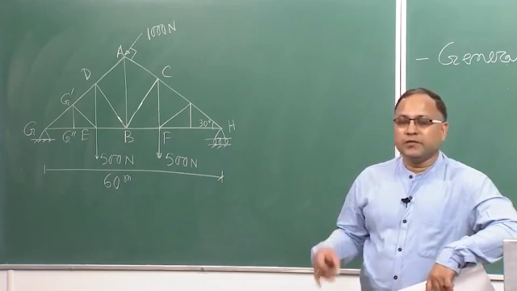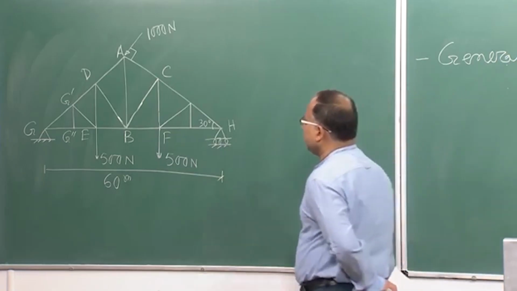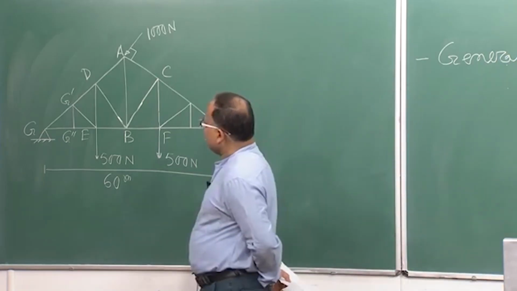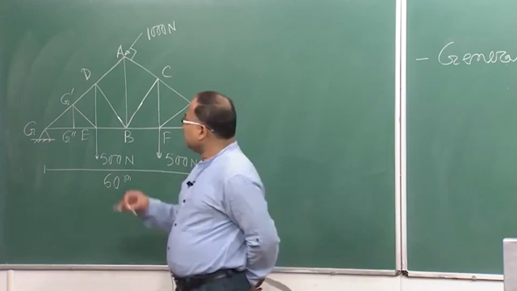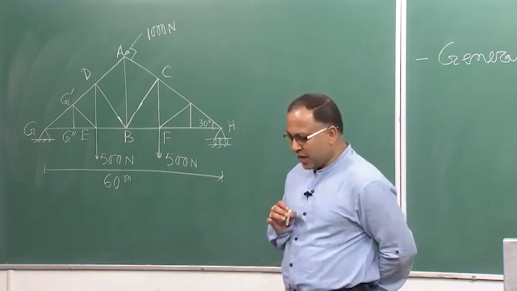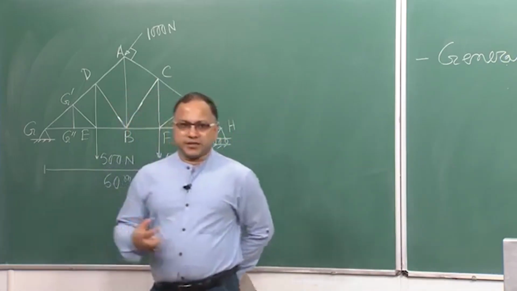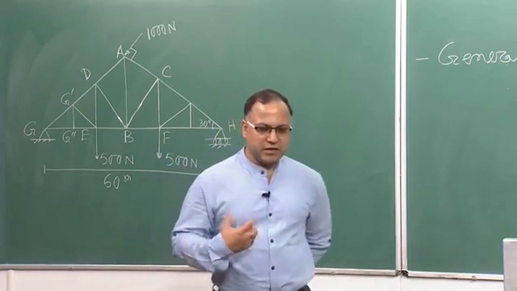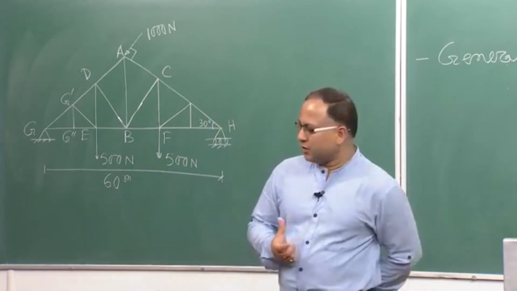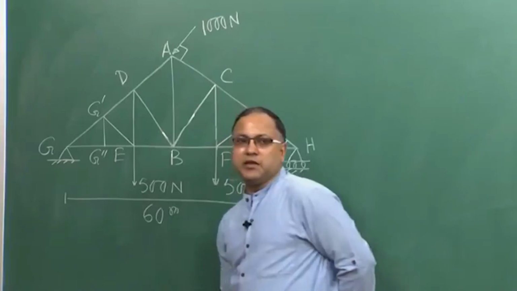Now, in this truss, by using the method of joints you can solve this, there is no issue, but the main problem is that, as I told you, the method of joints is a little bit cumbersome, a little bit lengthy process. Suppose you want to find out the member force AB.